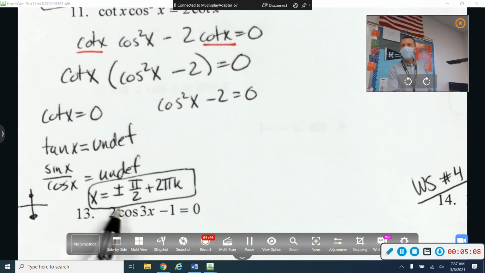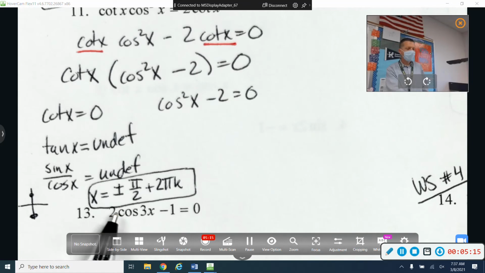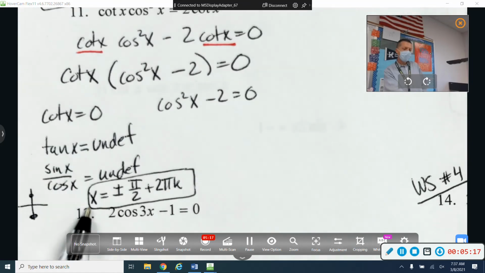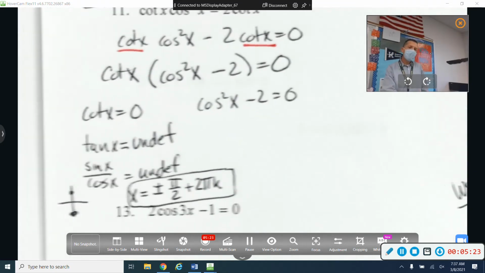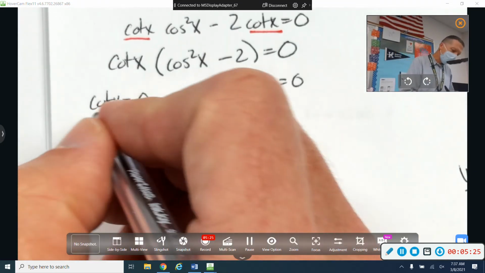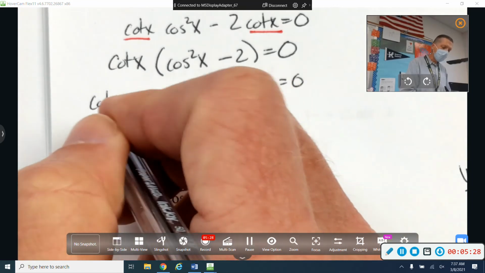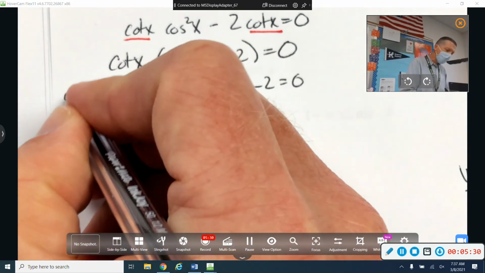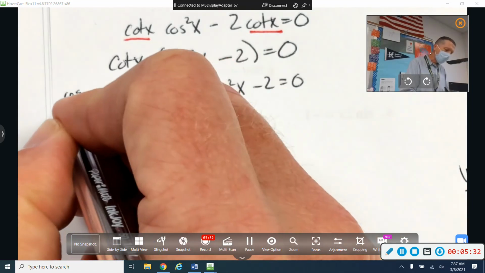And that fits the cosine rule anyway, right? If you find one cosine answer, the other answer is plus or minus whatever you got. So even though this isn't a calculator problem, the plus or minus rule still works. The other way we could have worked this problem, and that's probably what I would have done because we don't really like cotangent, is to write cotangent as cosine over sine.